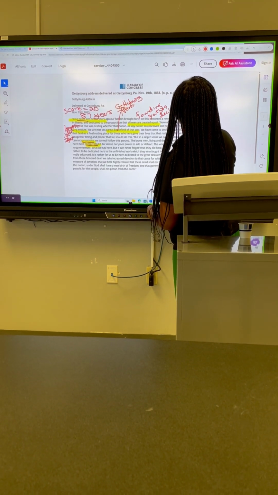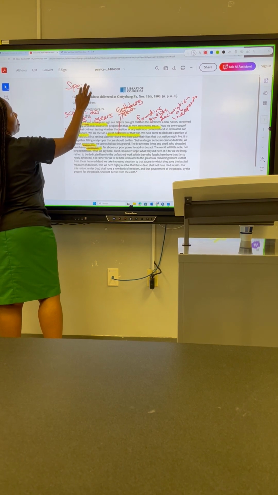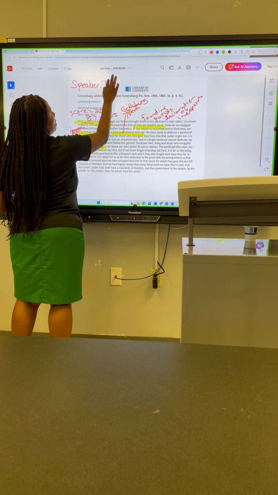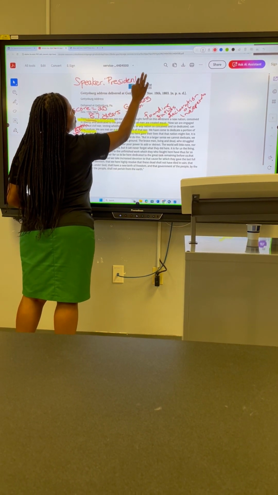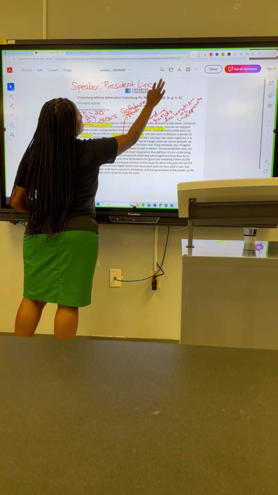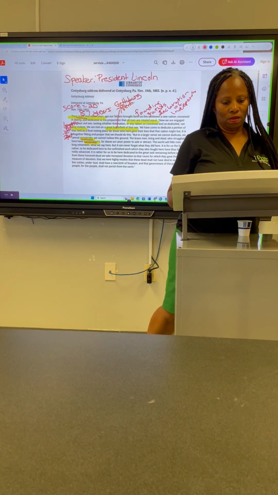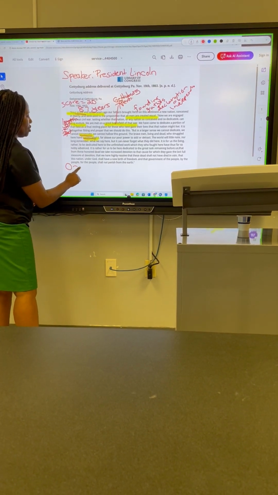Okay, so at this point, we can identify again the speaker, which we know is President Lincoln. We know the occasion, so you can put occasion.